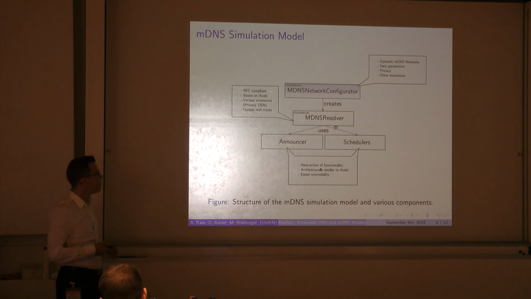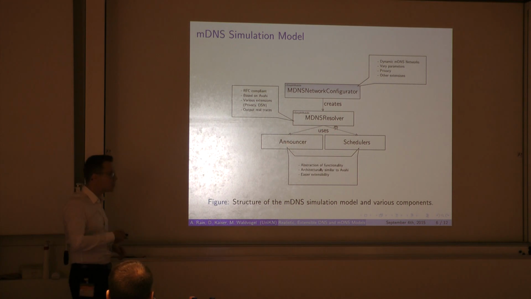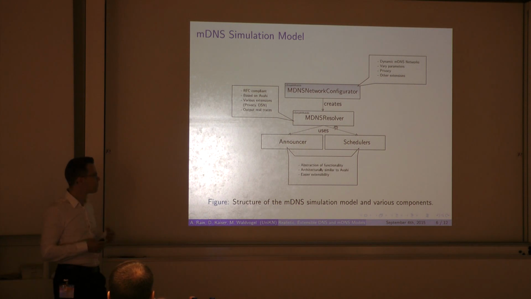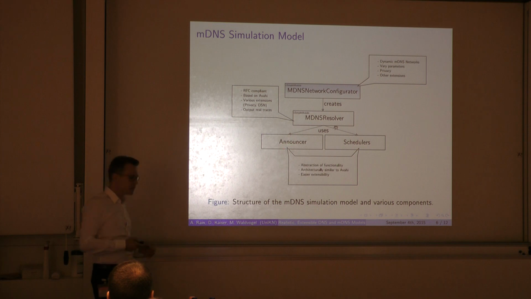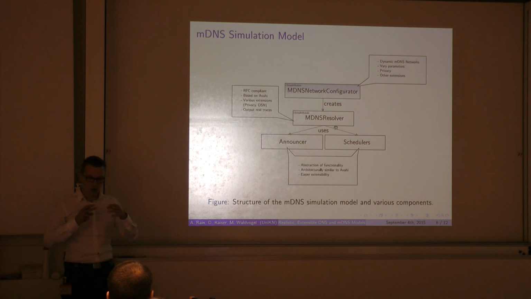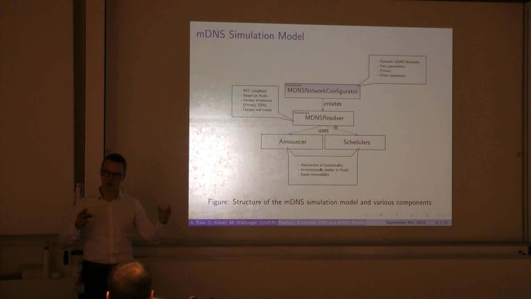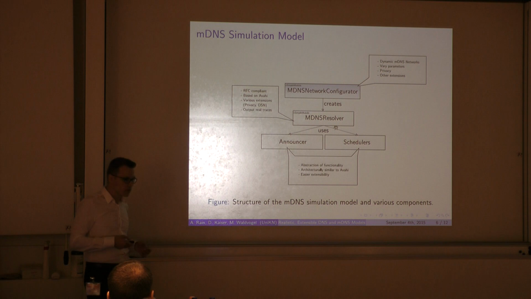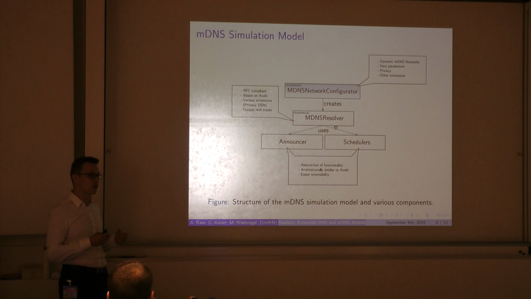As you can see, the resolver also uses other components which are not simple modules, but rather abstractions of common functionality a DNS resolver should have. For instance, the announcer takes care of announcing resource records to the network. For this, it schedules the resource records using the schedulers. It also handles conflicts and takes care of graceful leavings, for instance, if a shutdown has been initiated.